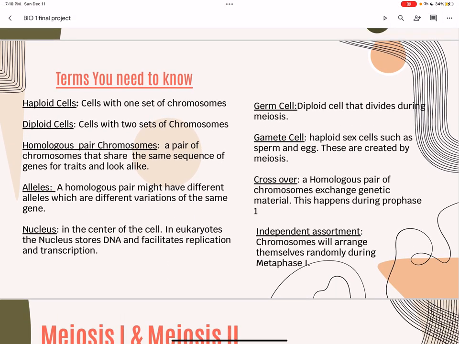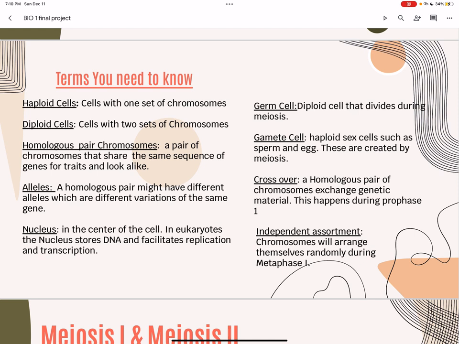The terms that will help you further understand this topic are: a haploid cell, which is a cell that has only one set of chromosomes, and a diploid cell, which is a cell that has two sets of chromosomes. A homologous pair of chromosomes are a pair of chromosomes that share the same sequence of genes for traits, and they look alike, essentially.